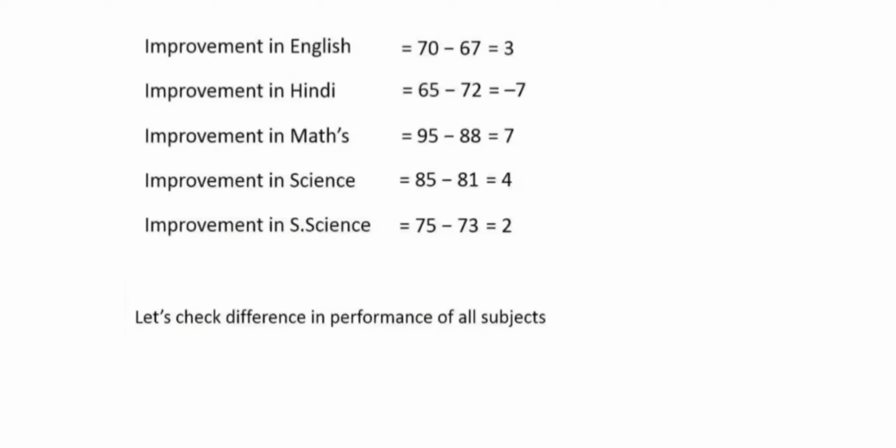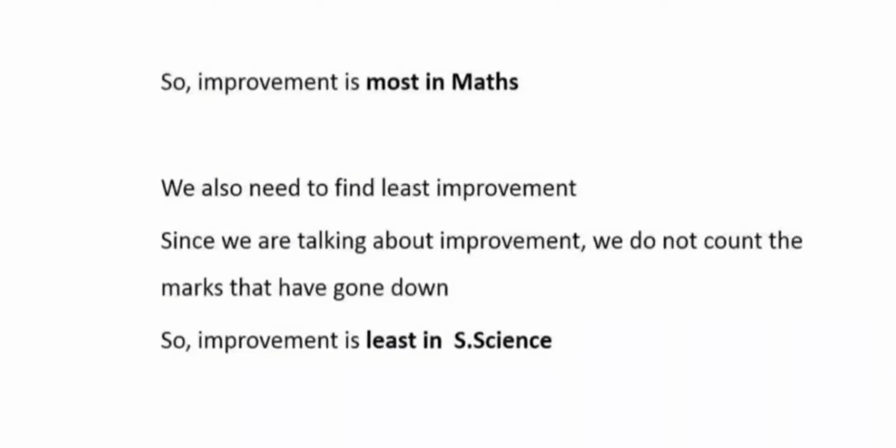Since our first question is which subject has the most improvement, 7 is the highest, and 2 is the least. So the answer is Math and Social Science. Improvement is most in Math and least in Social Science.